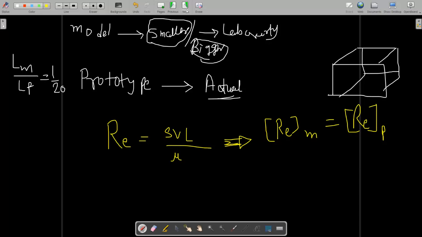Okay, so let us write the equation. Reynolds number for model is same as Reynolds number for prototype. Now what is the Reynolds number for model?